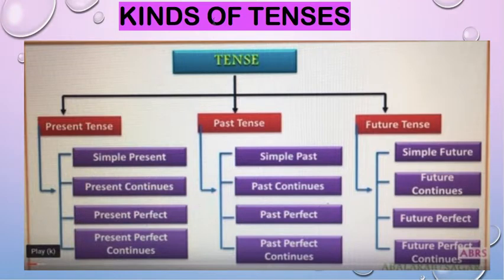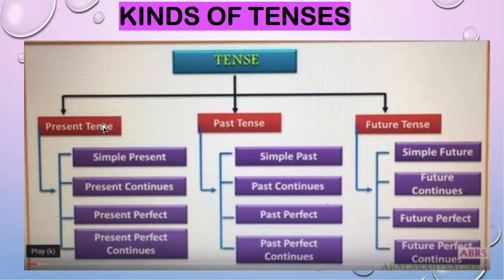In order to know the kinds of tenses, first you need to know what the types of tenses are. There are basically three types of tenses: present tense, past tense, and future tense. Each type of tense is subdivided into four kinds of tenses. So, now let us see it.